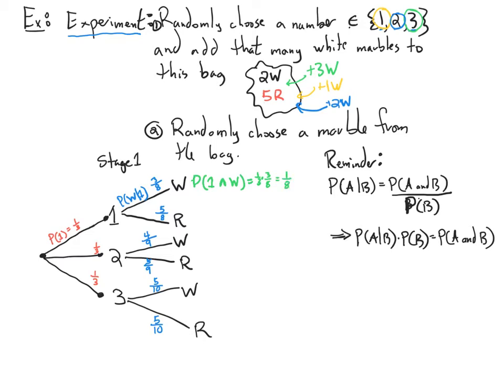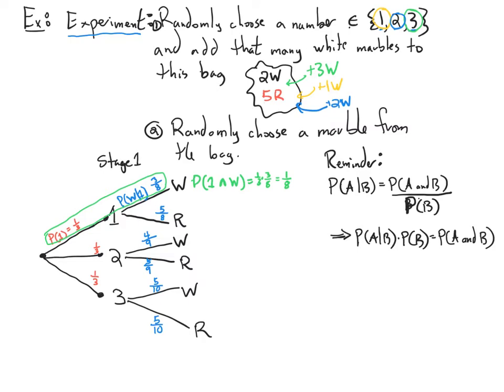So to get the and probabilities, you just multiply along that branch. So we just multiplied those together there. Let's do the next one. So the probability of rolling a 1 and picking a red marble.